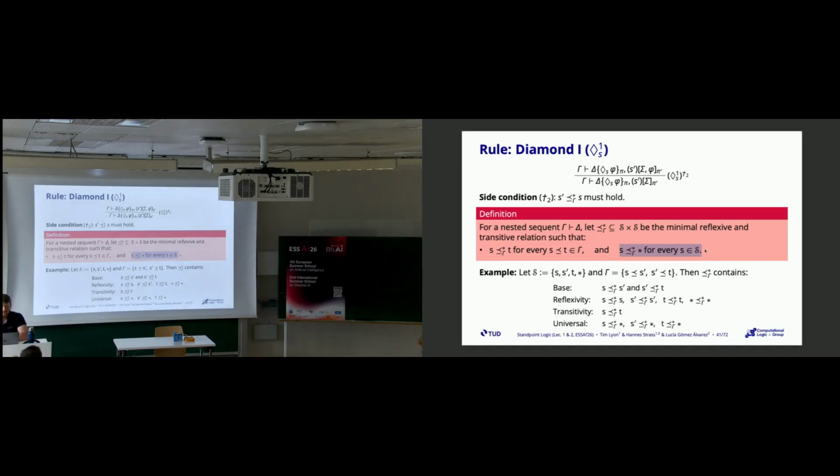slide. If we assume that our set of standpoints contains 3 or 4 standpoints, S, S prime, T, and the universal standpoint, and we also assume that our antecedent in a rule application contains these 2 sharpening statements, then we can compute this binary relation as shown on the bottom of the slide.